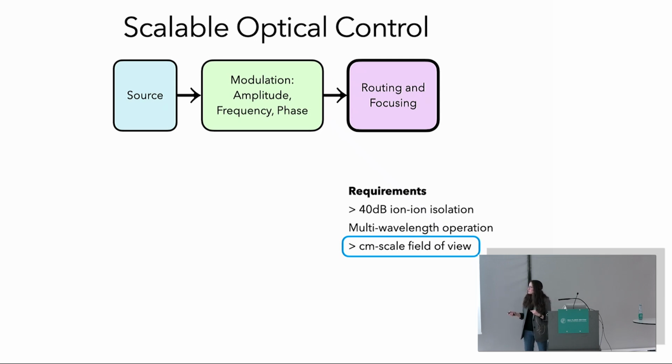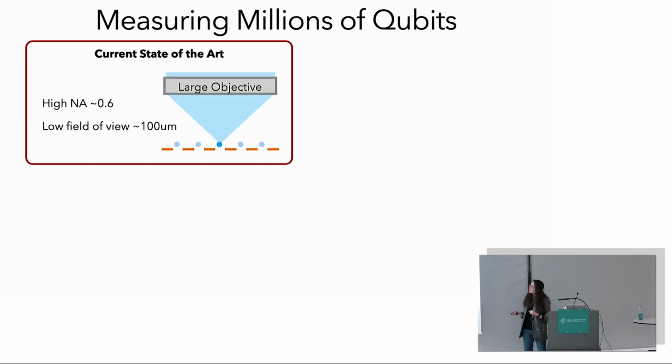We need to have this multi-wavelength operation. And what I'm going to talk about now is how to get the centimeter scale field of view. So how people currently read out ions is that they have, these are maybe single ions in different trapping potentials, or maybe they're chains of ions in different trapping potentials. But what people do now is that they use a very high numerical aperture objective.